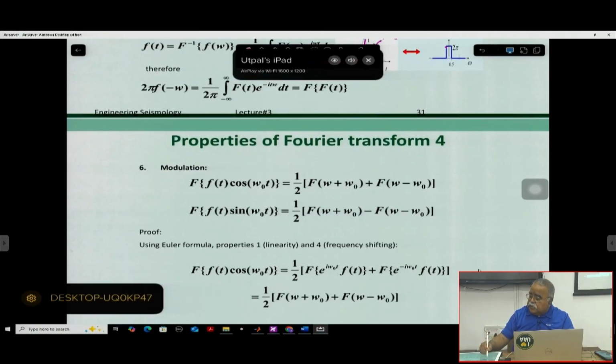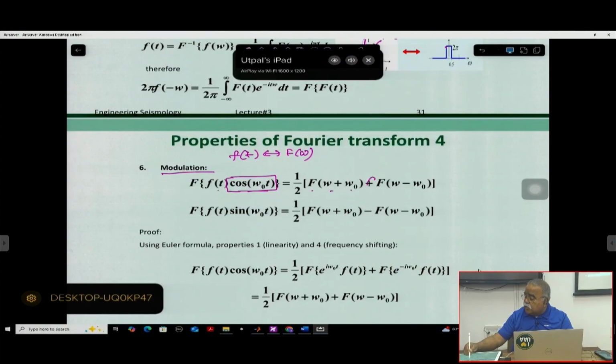There is another property called the modulation property. If f(t) has a Fourier transform of F(omega), then f(t) multiplied by cosine omega 0 t has a Fourier transform of F of omega plus omega 0.